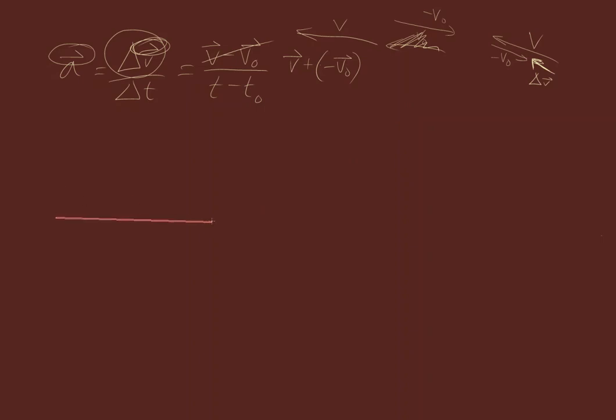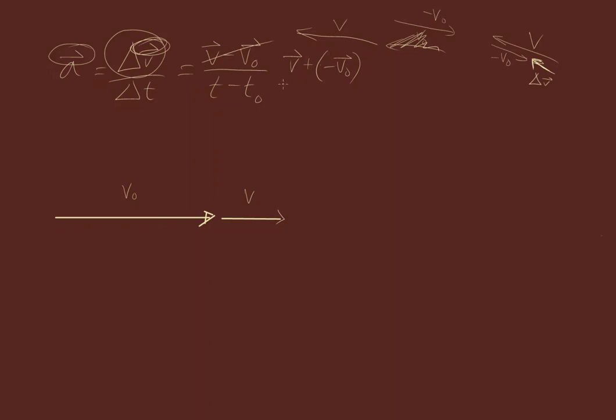So let's say this is V naught. And we are going to slow down instead. So V is not as fast.